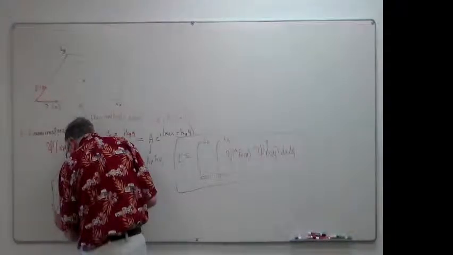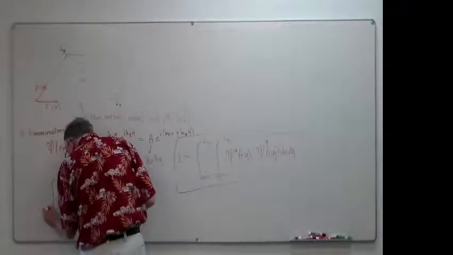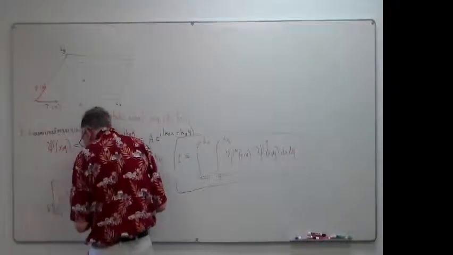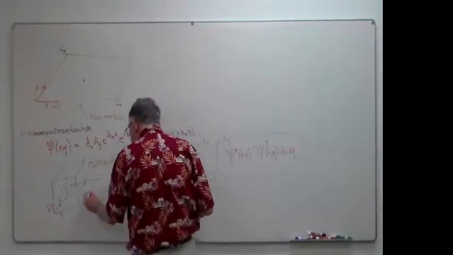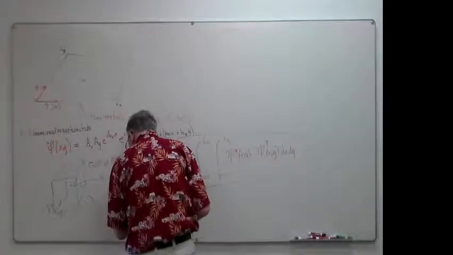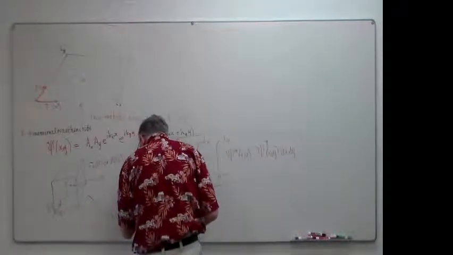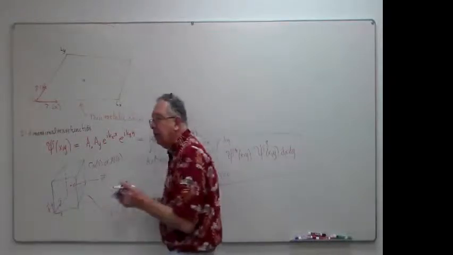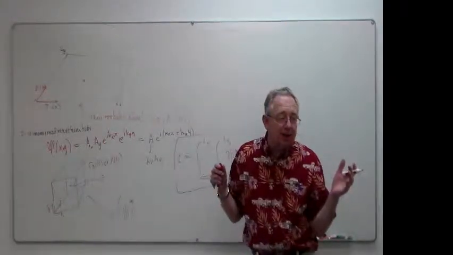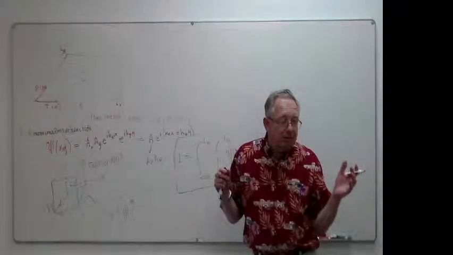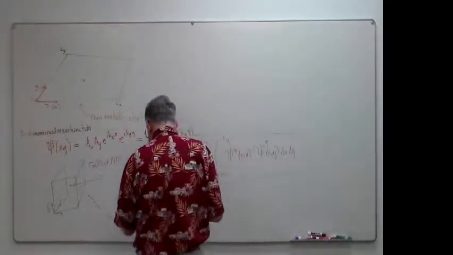And we have unit vectors I, J, and K. And now if we have normalized wave functions, what that means is we'll have psi star. And now how many coordinates will the wave function depend on? 3.